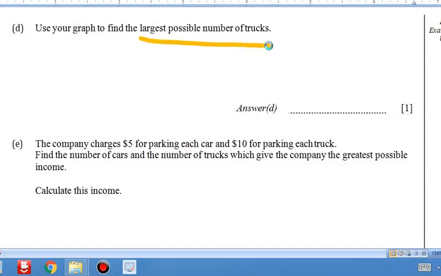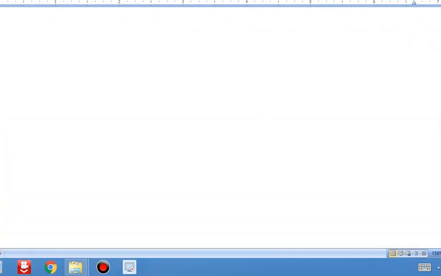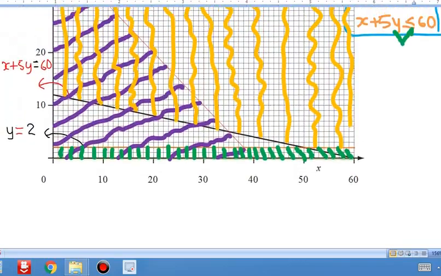Now, always remember, the largest possible number of trucks can be found out by looking at the largest value of y from the corner points. Now, what are the corner points?